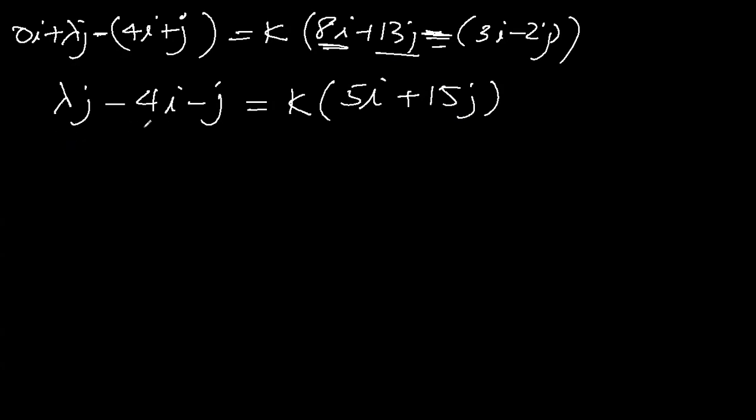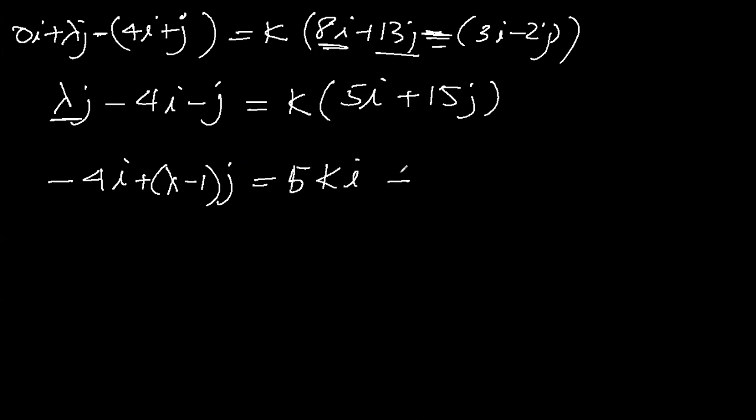So let's combine i's and j's here. It will be minus 4i alone, there is no other i. But in j we can write lambda minus 1. So (lambda minus 1)j equal to k. Let's open this also: 5ki plus 15kj.